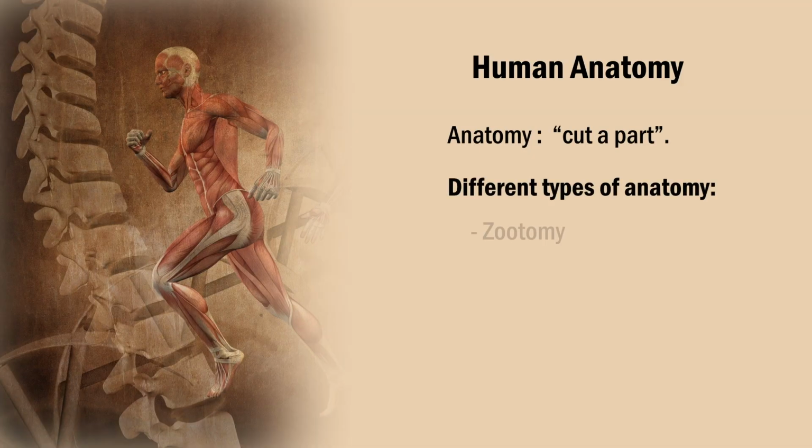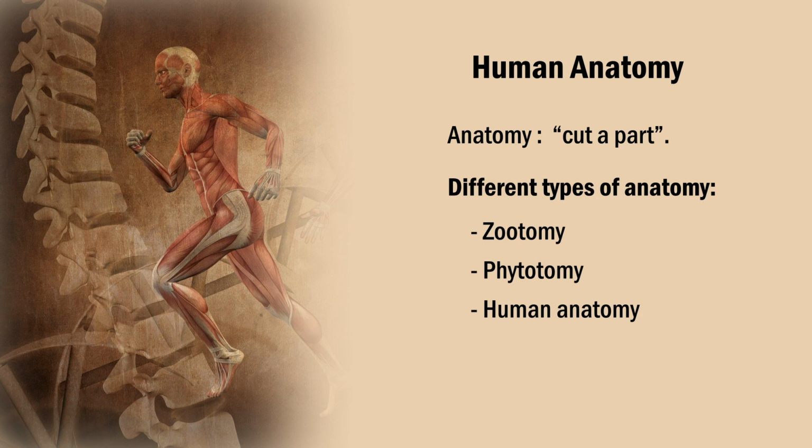A structure can be internal like brain, nerve cells, etc., or can be external like arm, neck, teeth and hair. Different types of anatomy are zootomy, phytotomy and human anatomy. Zootomy is the study of physical structure of animals.